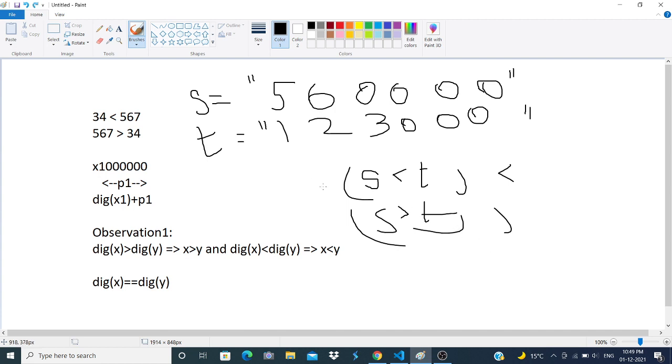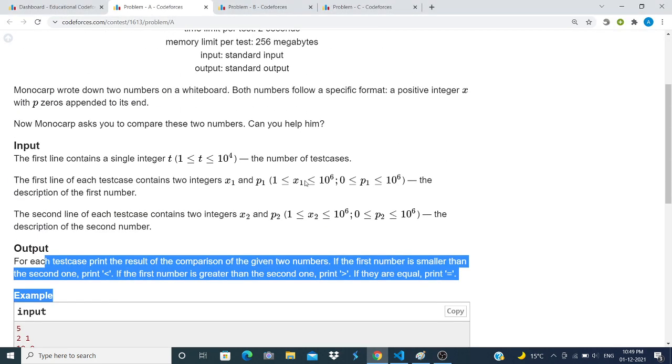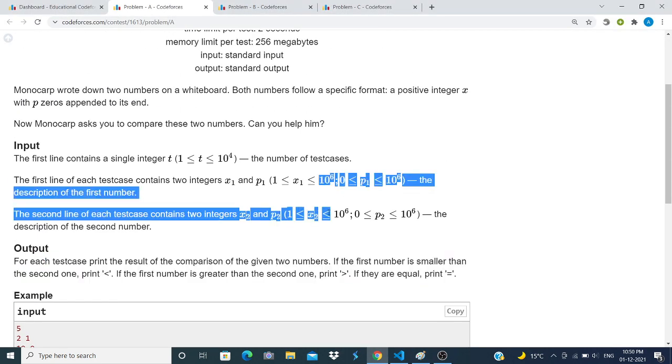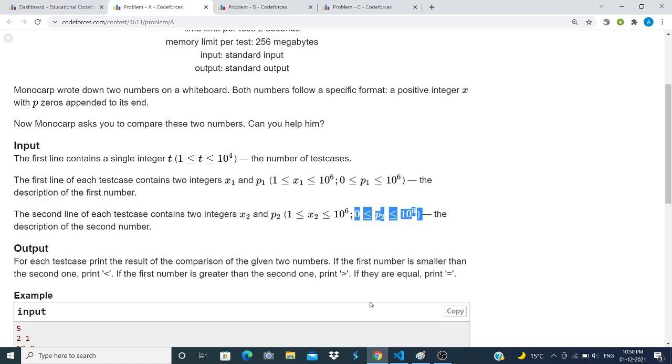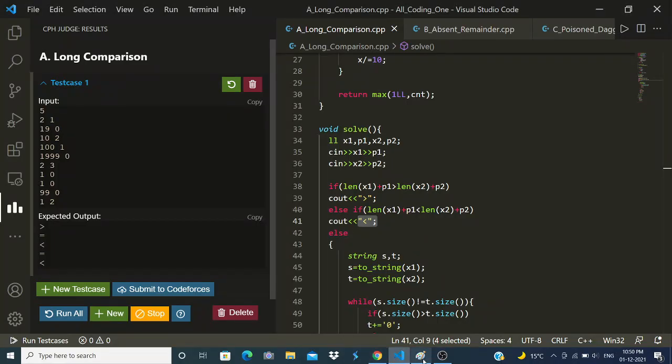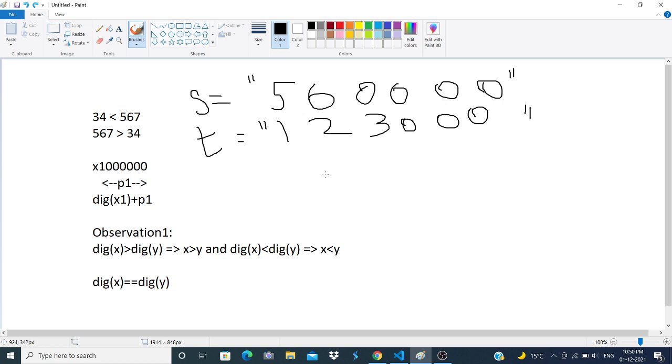But the thing which may be noted is that since p1 and p2 can be arbitrarily large, like p2 can be 10 to the power 6, the thing to be noticed here is that we don't actually need to store the entire string.